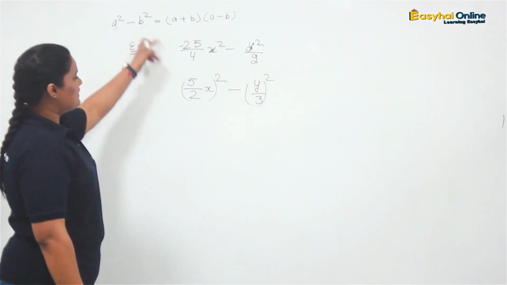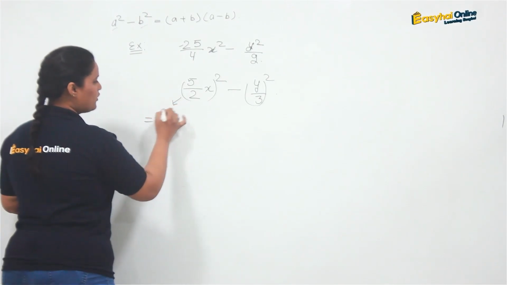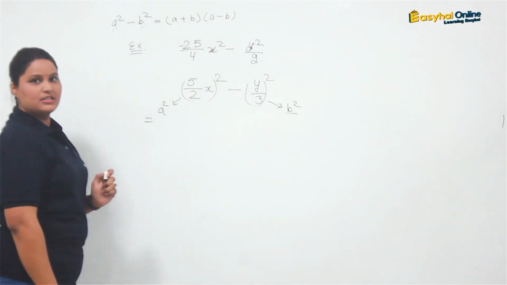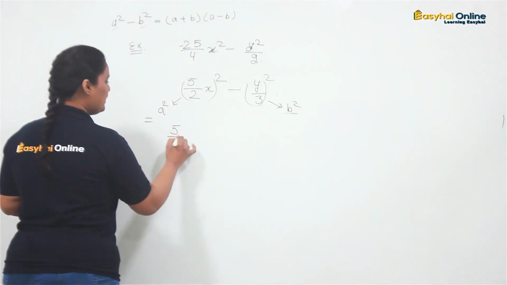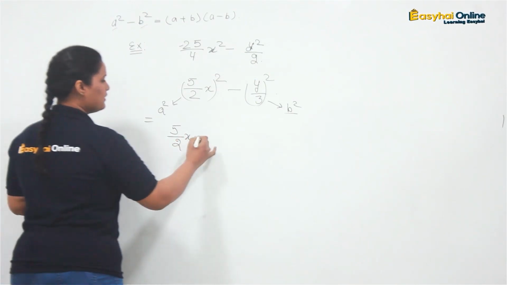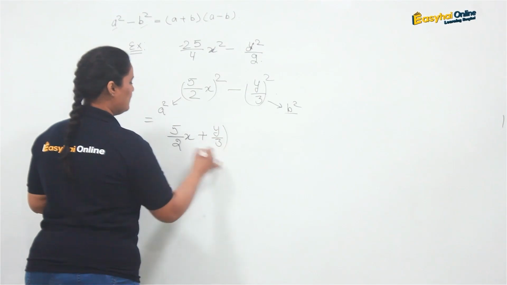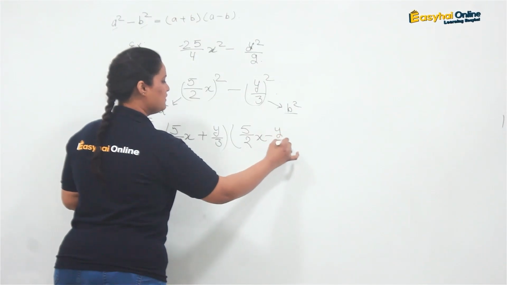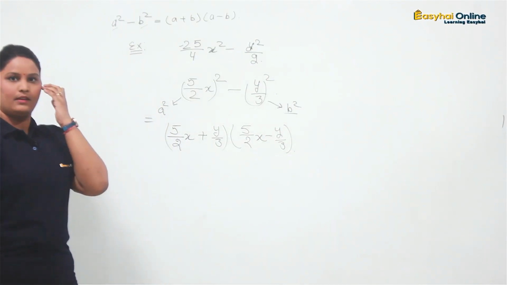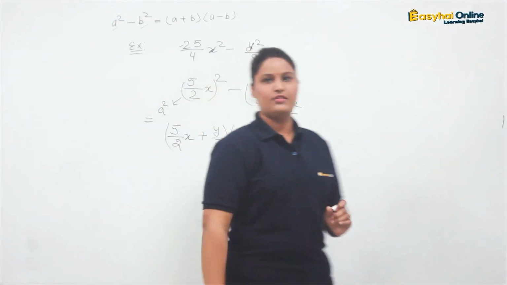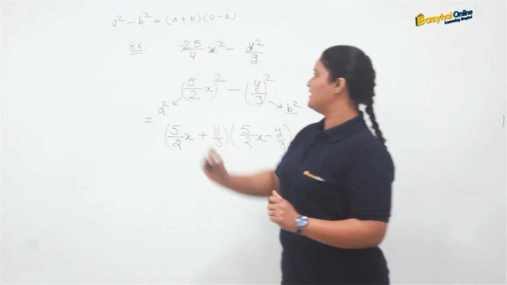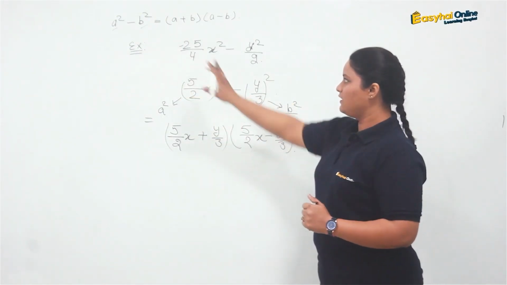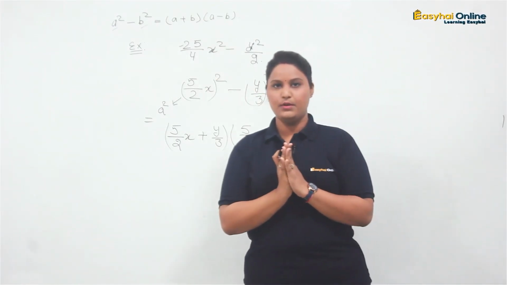Now put the identity into it. This is your first term, we can say a square, and this is your second term, we can say b square. Now it will be (5 by 2x plus y upon 3) and (5 by 2x minus y upon 3). So these are the factors of this equation using this identity. Using this identity, you can easily factorize this polynomial. Is that clear to all?